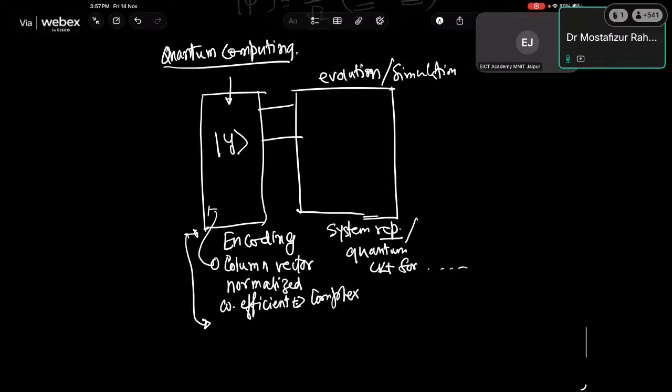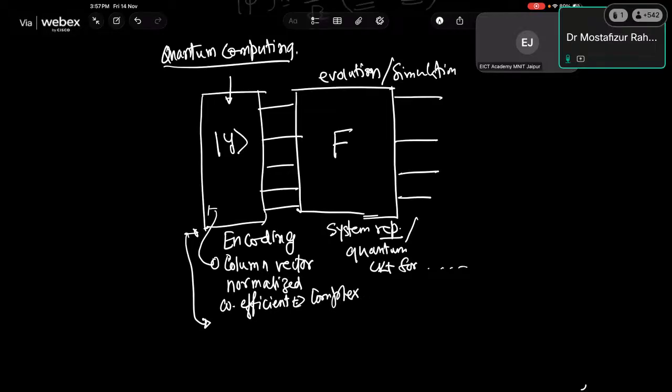Then once you apply these on top of this, suppose this is your quantum circuit, say f, and whatever output you get, suppose you get z as your next state or evolved state, right? So we do quantum measurement.